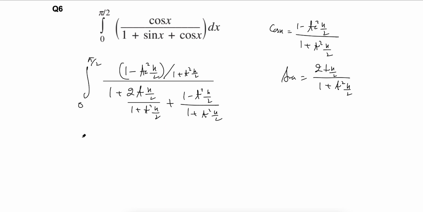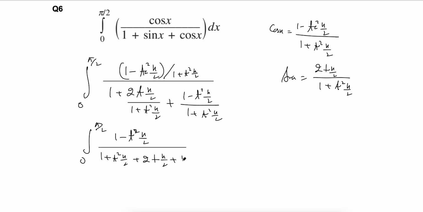I am taking the LCM, that will get cancelled, 0 to pi by 2, and it's going to be 1 minus tan square x by 2 divided by, if you take the LCM here, 1 plus tan square x by 2 plus 2 tan x by 2 plus 1 minus tan square x by 2. I hope I did it correctly. Yes or no?